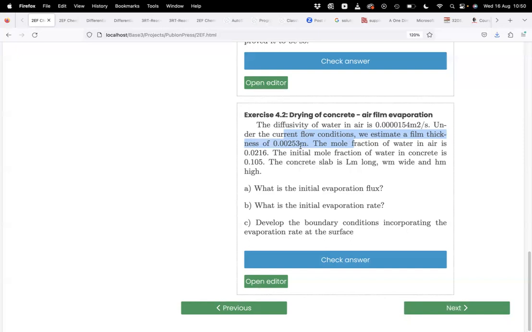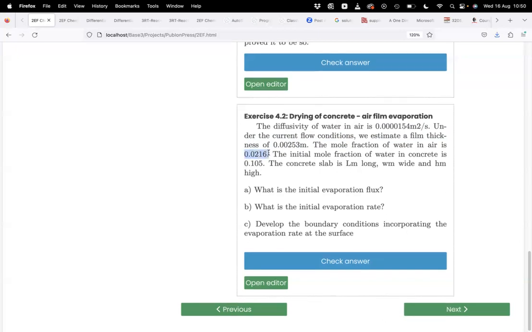So we have the film thickness simply given to us, and we have the diffusivity. We are also told the mole fraction of water in the air is 0.0216. If you go and look up the standard mole fraction of water in air, it is about 0.02. So this one is slightly higher.